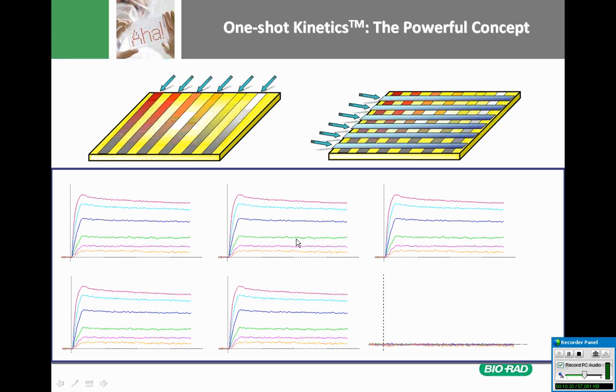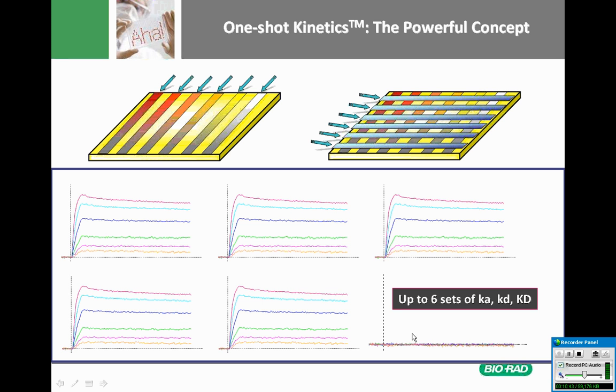And this panel having 6 sensorgrams is the same 6 analyte concentrations interacting with ligand number 2, and so on. So basically in one injection, or one-shot kinetics, you can derive and extract up to 6 sets of Ka, Kd, and affinity constants.